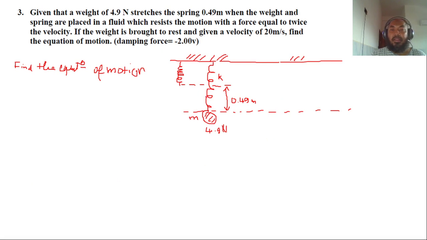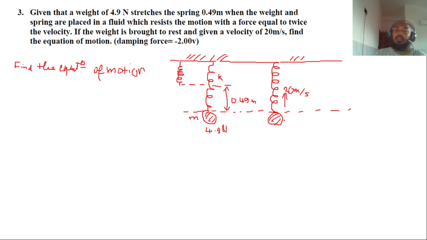After this spring is in the equilibrium system, it is the same spring, and this is the weight. Now if the weight is brought to rest and given a velocity of 20 meter per second, it means we push this mass downward with the velocity of 20 meter per second.